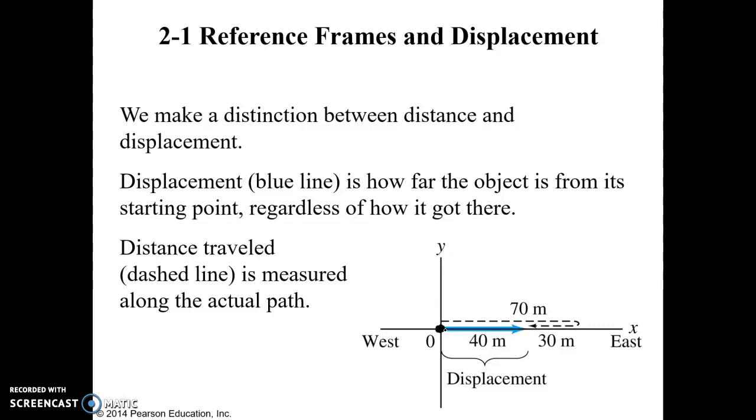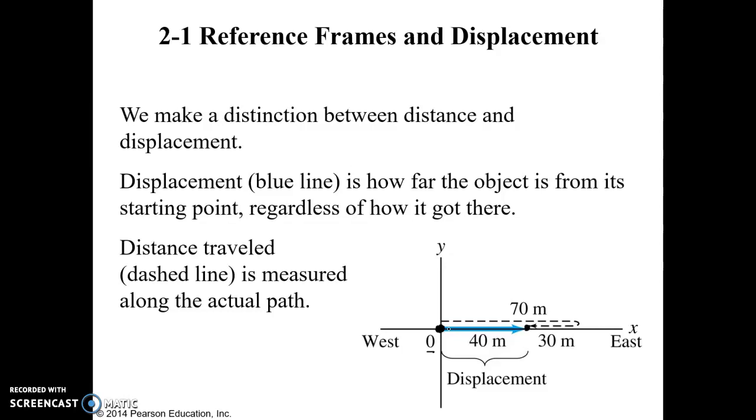You can almost think of it as a number line, and we're going to start at position 0. It makes sense to start at 0. So in one instance, the dashed line here, we're traveling 70 meters to the east, and then we turn around and come back 30 meters to the west, and we end up at this point right here.